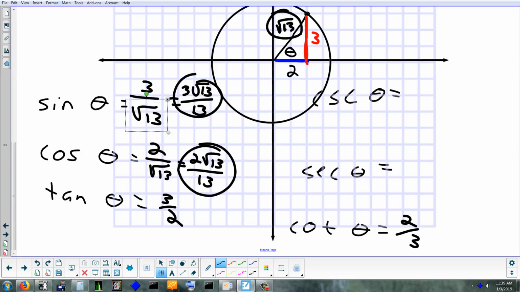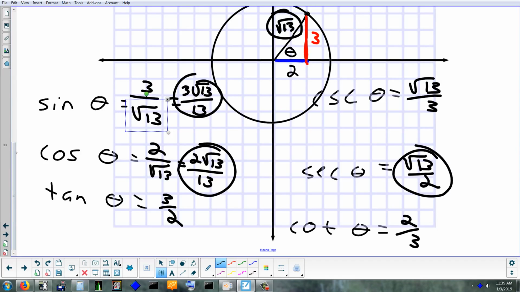Then your root goes to the top, and you're done. So secant root 13 over 3. And that was cosecant, and now secant root 13 over 2. Which corresponds to r over x and r over y for those two.